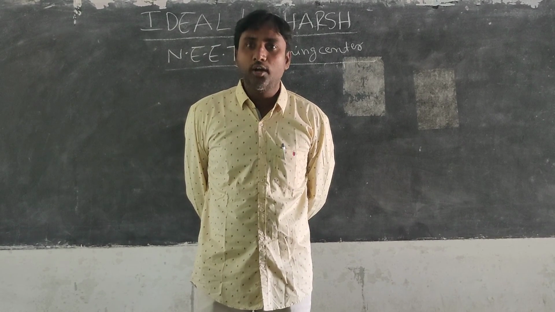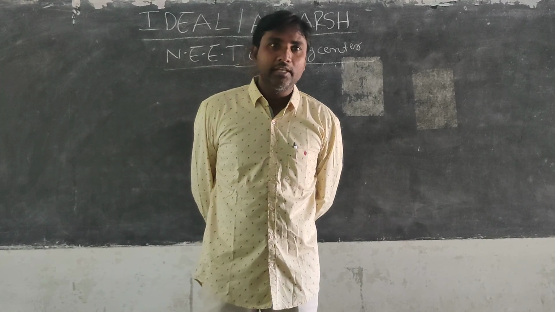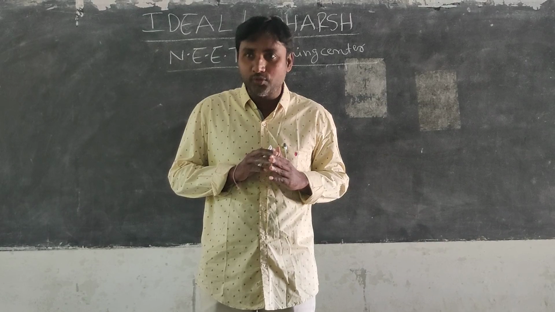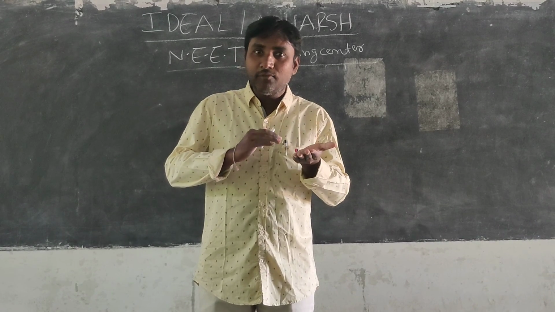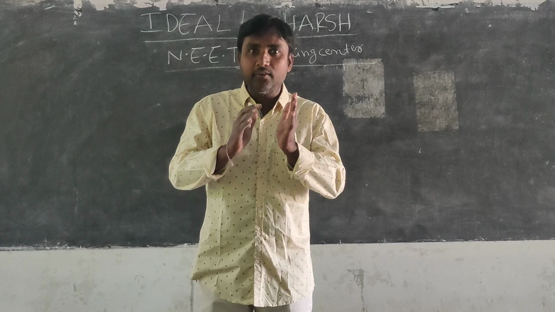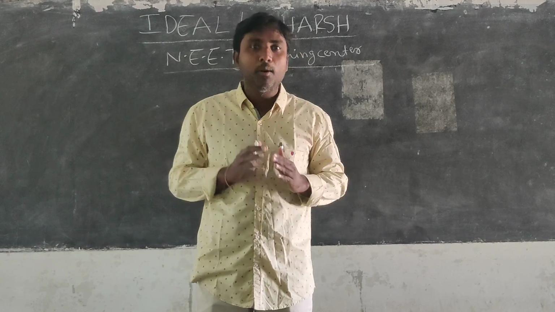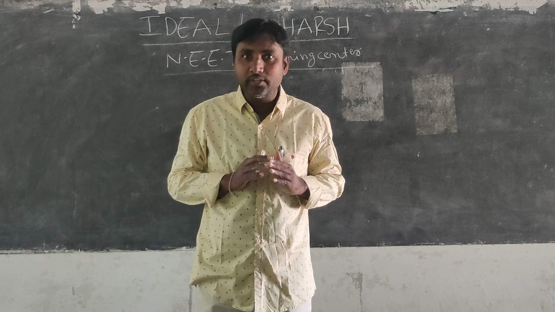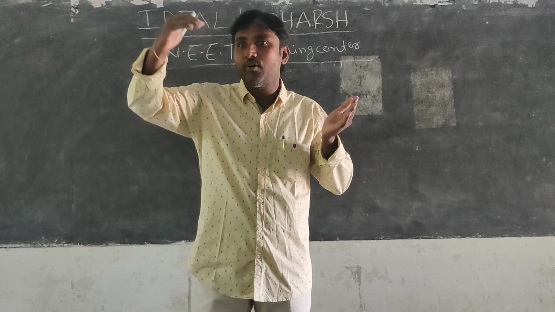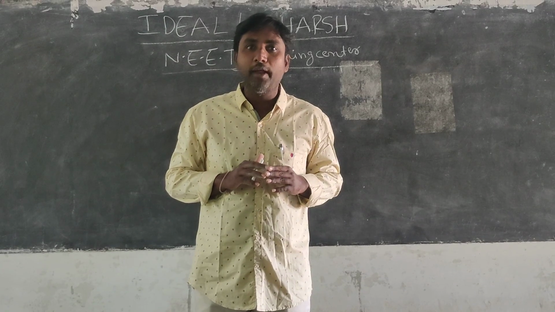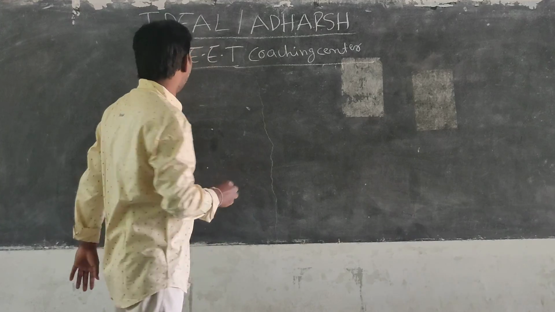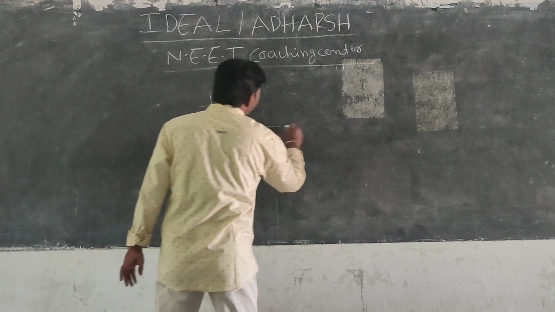Whenever these fields are produced, they are in the form of waves. So these electric and magnetic fields are first produced by movement of charged particles, and they can move in the form of waves. This is explained by Maxwell theory.